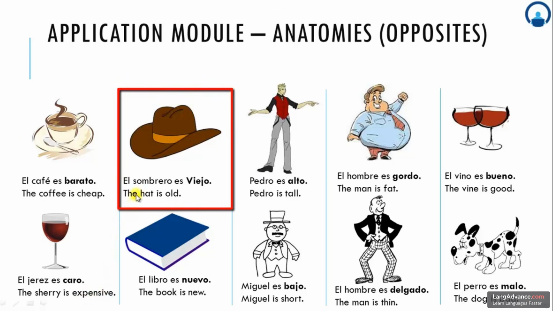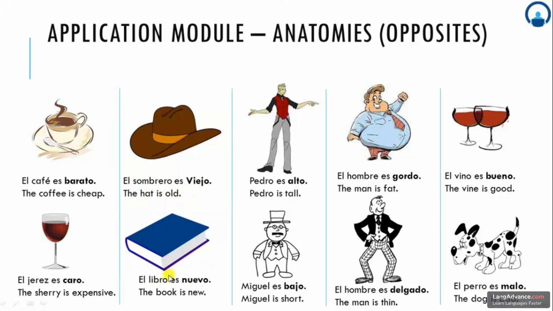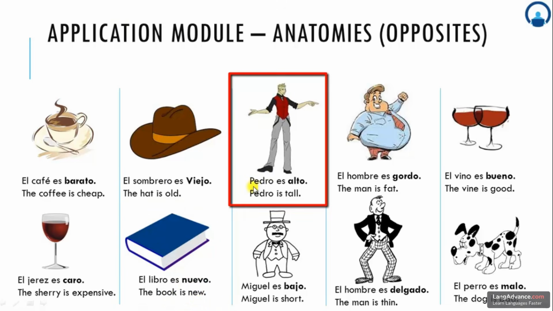Next, el sombrero es viejo. The hat is old. Sombrero means hat, viejo means old. El libro es nuevo. The book is new. Libro means book and nuevo means new. Next, Pedro es alto.